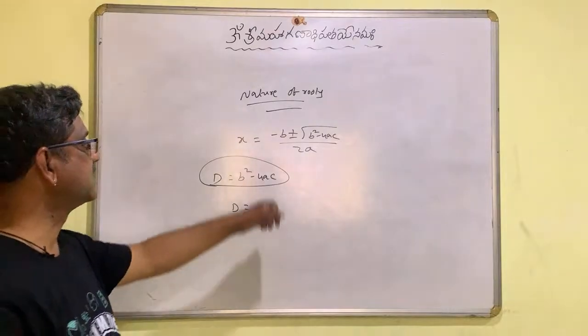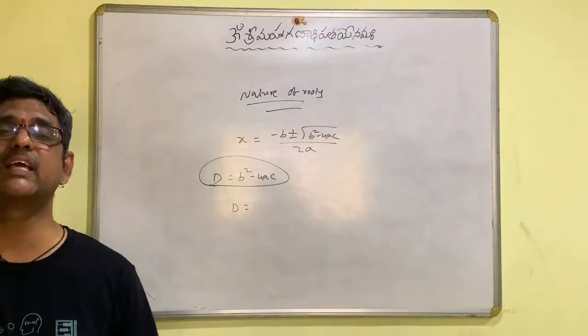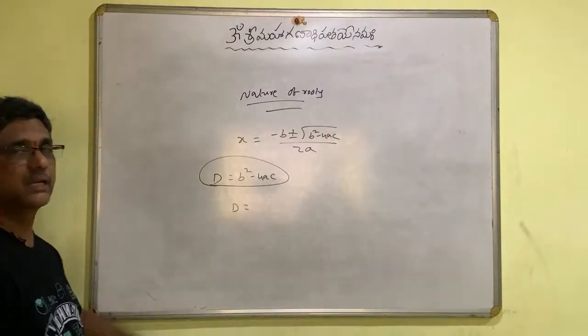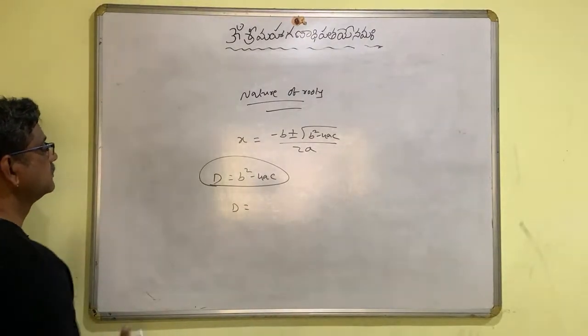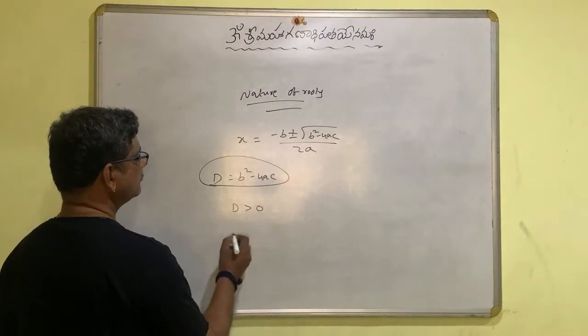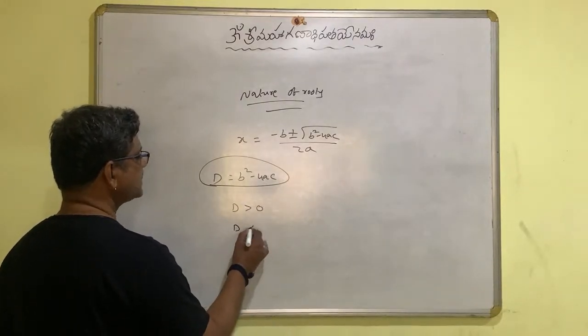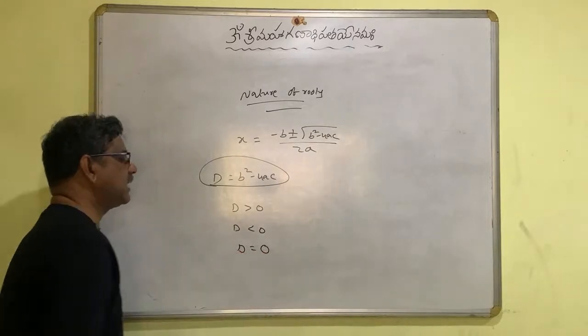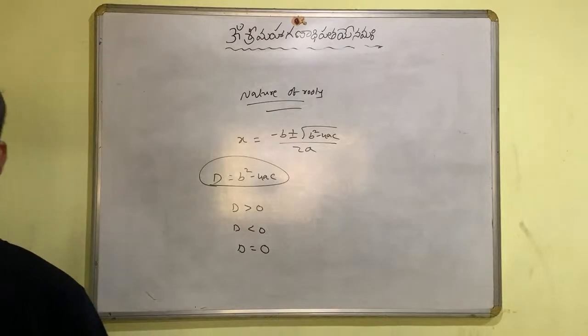This value decides. That's why it is called discriminant. Now, discriminant may be positive, discriminant may be negative, discriminant may be exactly equal to 0. These are the three cases.